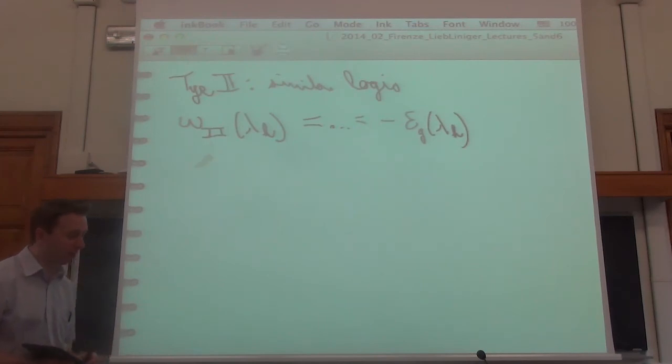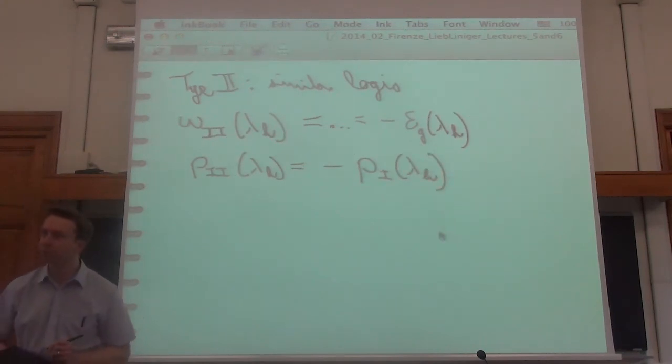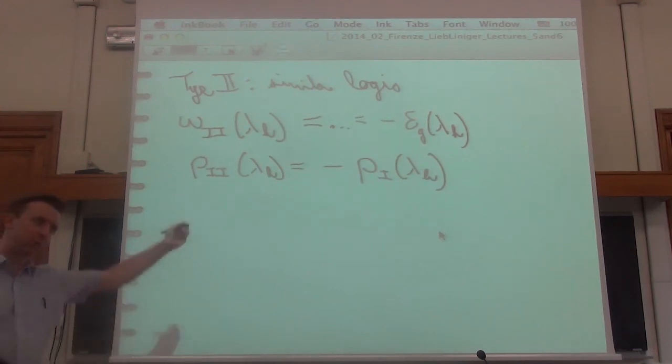And the momentum P2 of lambda hole is really just minus the momentum of the type 1 modes if you were to evaluate it at lambda hole. Okay, so you add a hole, you remove a particle, you get this energy and this momentum.